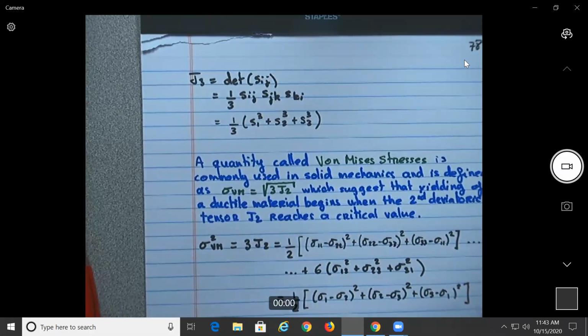Okay, and it can be proved, but this one I'm not gonna do it, that is equal to 3/2 Sij Sij.